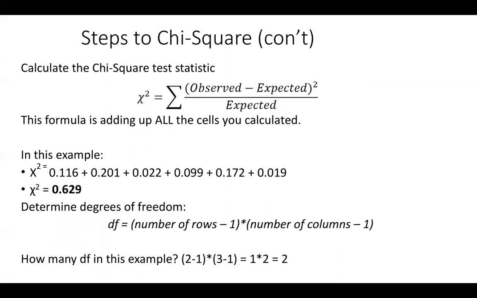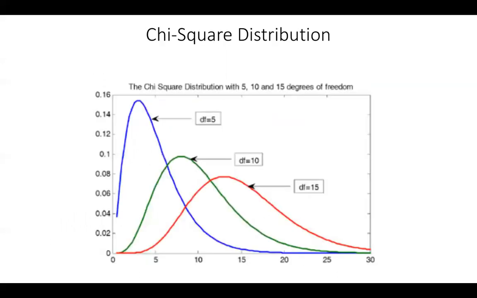So we have now identified our calculated chi-square statistic. We have now identified our degrees of freedom. And again, to reiterate, understanding that these degrees of freedom are important is because just like with the t-distribution, chi-square has different distributions based on the number of observations or number of degrees of freedom we're dealing with.